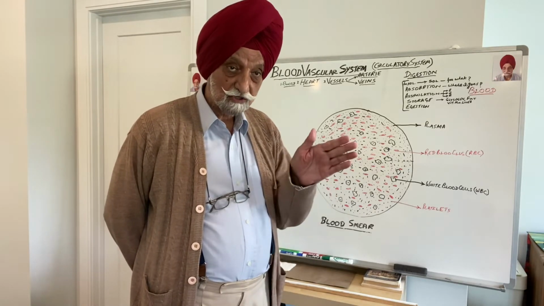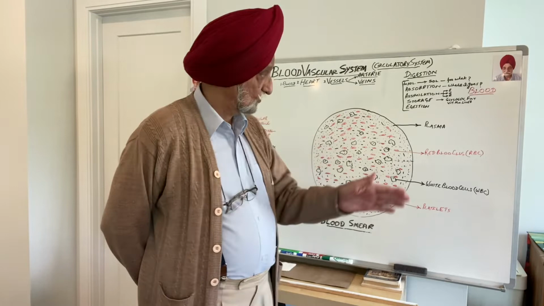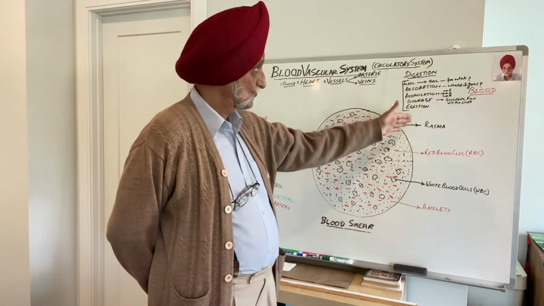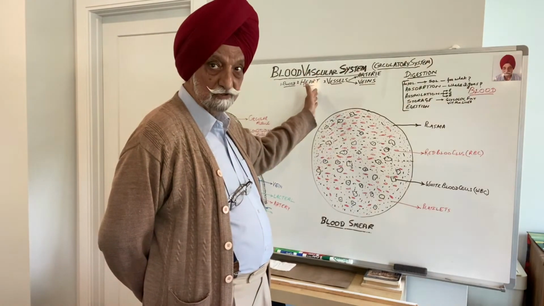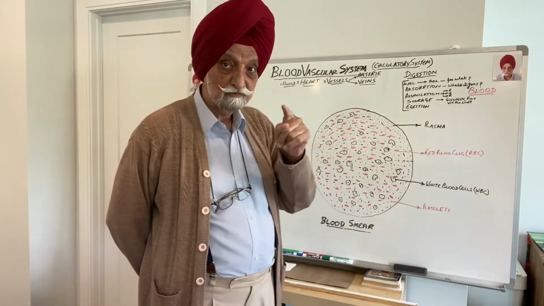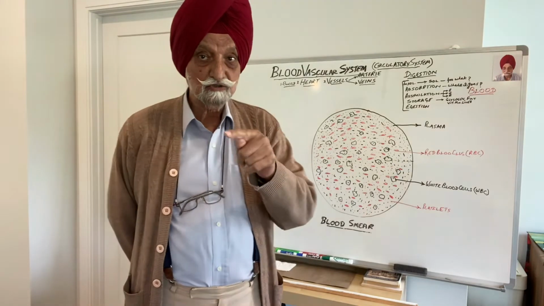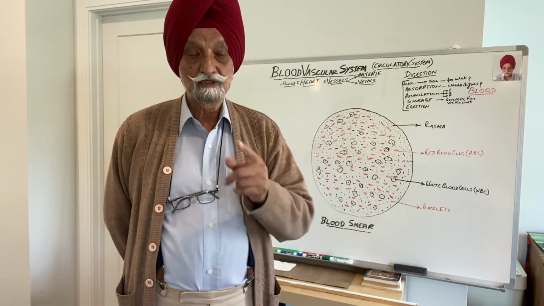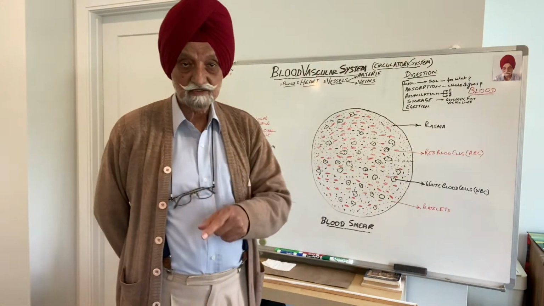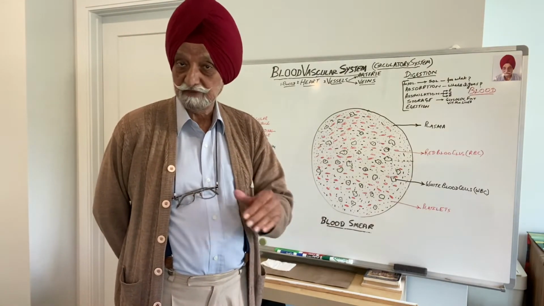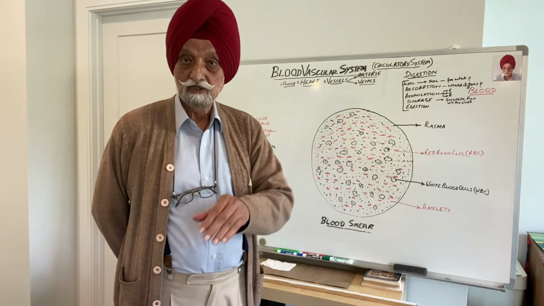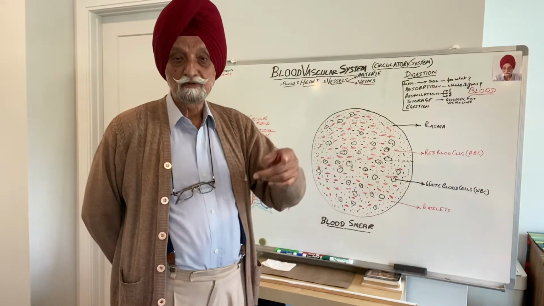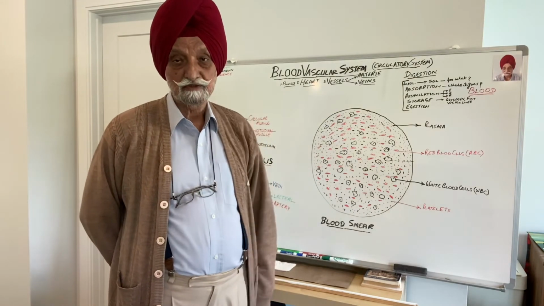Now, this is how I will connect the digestive system with the blood vascular system. The soluble forms of the constituents of food, I mean glucose, amino acids, fatty acids, glycerin, and others, I mean vitamins and minerals, get into the blood and move around in the body to meet their ultimate functions.